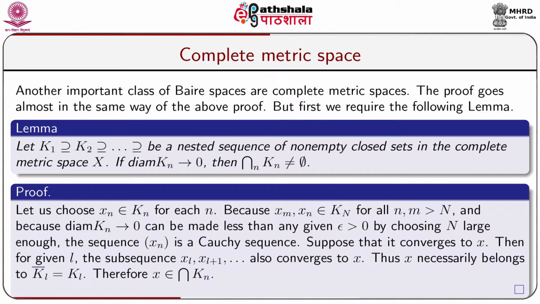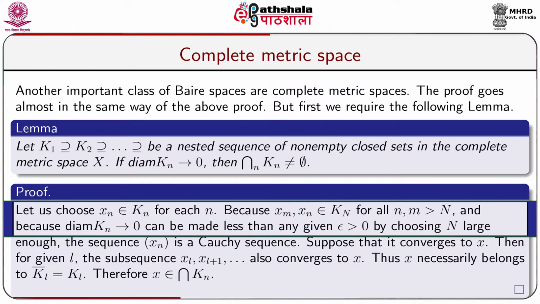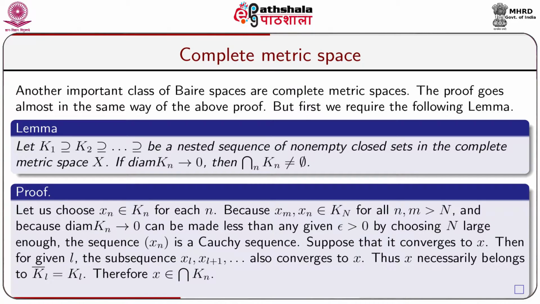To prove this, let us choose xn in Kn for each n. Now, because xn is in Kn for all n greater than capital N, and as diameter of Kn tends to 0 as n tends to infinity, one can make xm and xn very close as m, n tend to infinity.